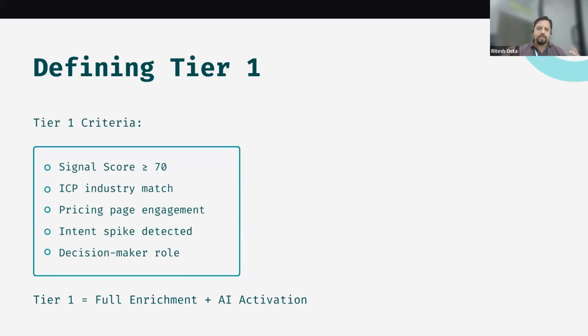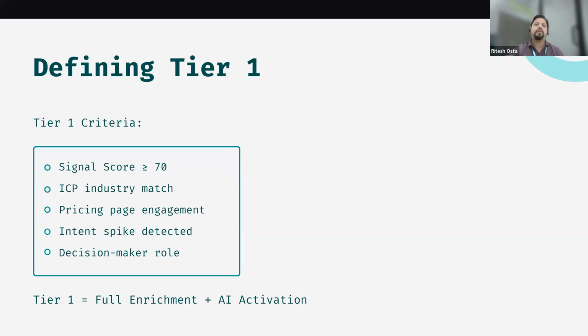There are different signals coming up, and every time they engage with your content or your assets, or take a certain action, a certain event is fired, and then your signal score increases. You keep increasing the lead score. Once it matches or crosses a certain score, then as a next step we also check whether it matches the ICP.